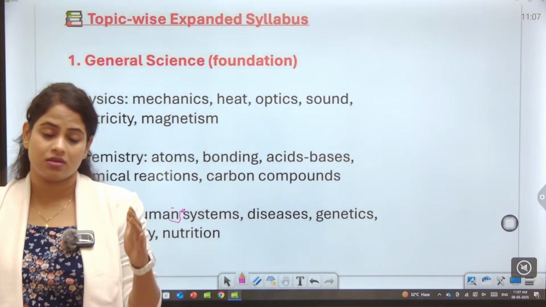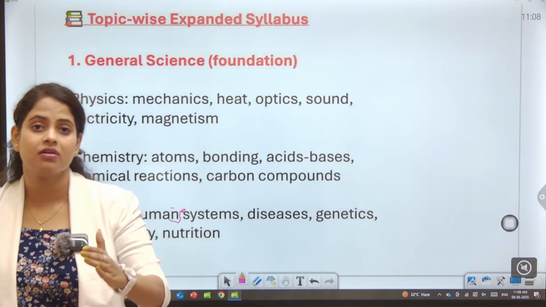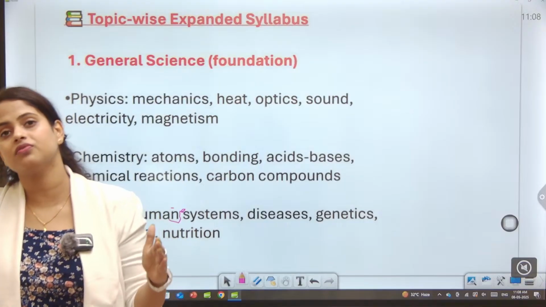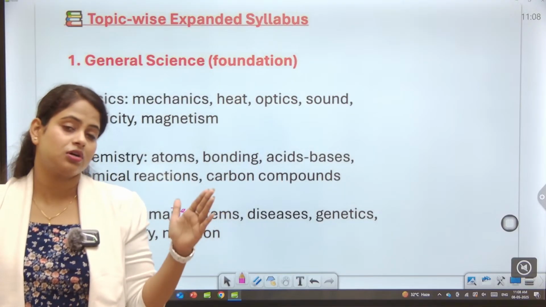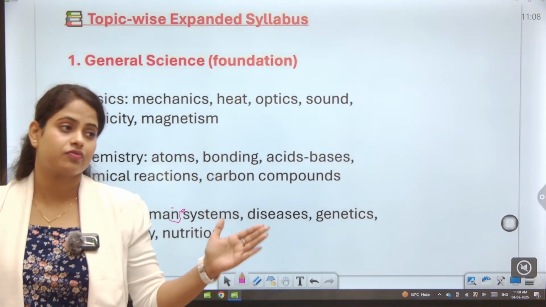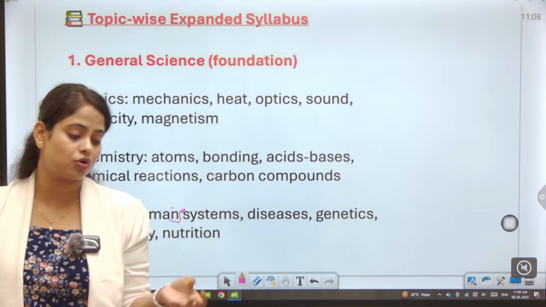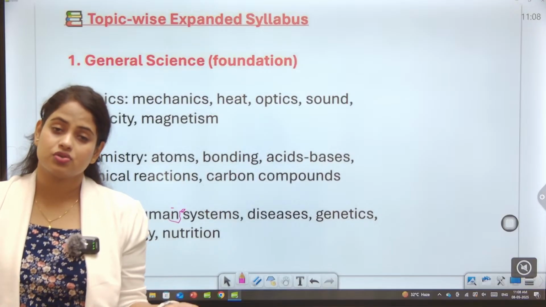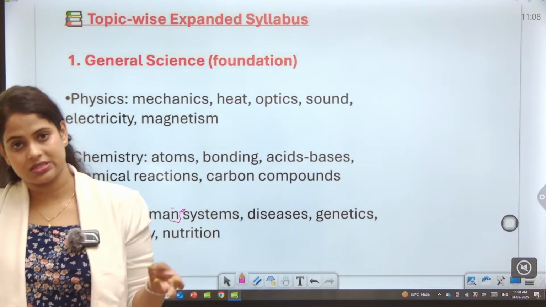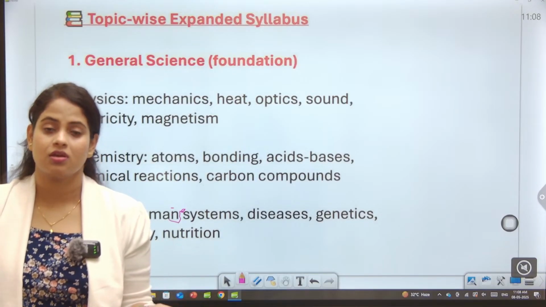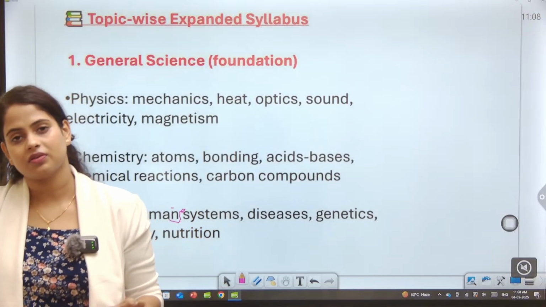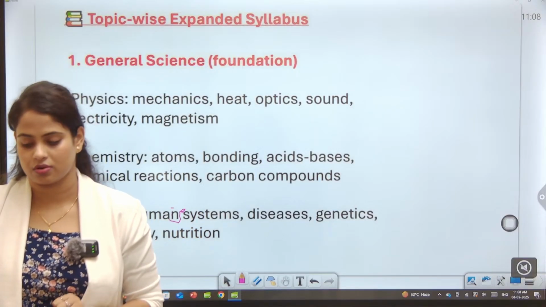If you are clear about the schooling period, from the 6th to 10th NCERT, all the topics, not just science but also geography, polity, history, economics, everything, then you can achieve a good score. Okay.